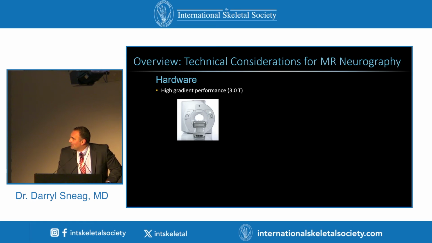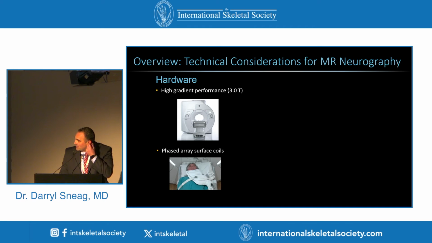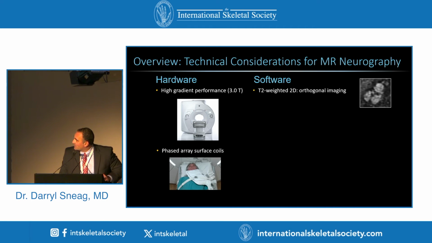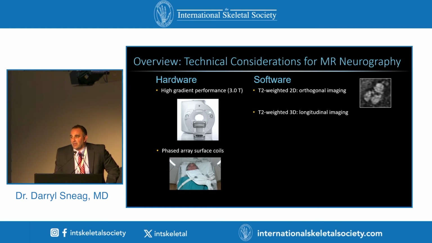So what do we use? I try to get all my patients imaged at 3 Tesla for inherent increased SNR, using phased array, closely conforming surface coils. In terms of software, I rely on a combination of 2-dimensional, heavily T2-weighted, fat-suppressed sequences, typically with the Dixon technique, because in my mind that offers the best combination of SNR and robustness of fat suppression.